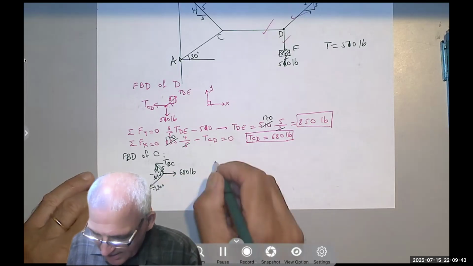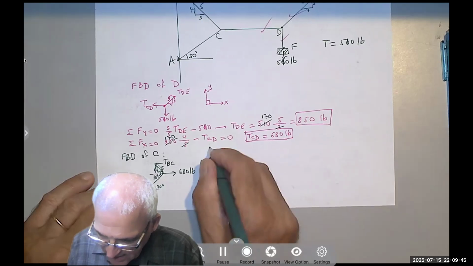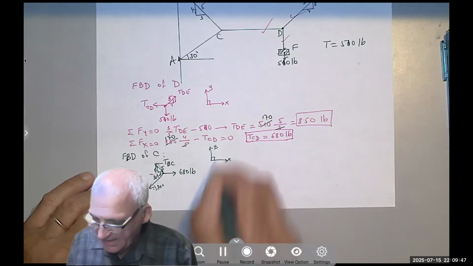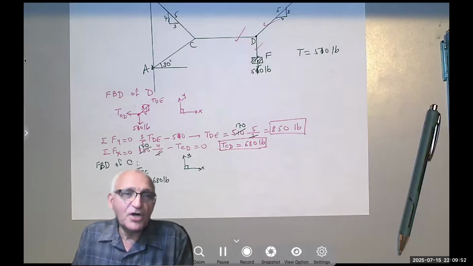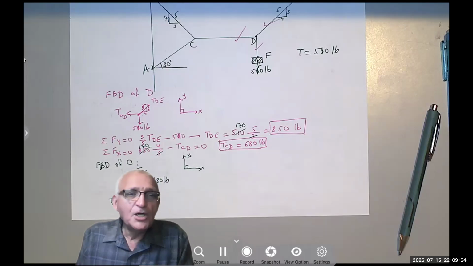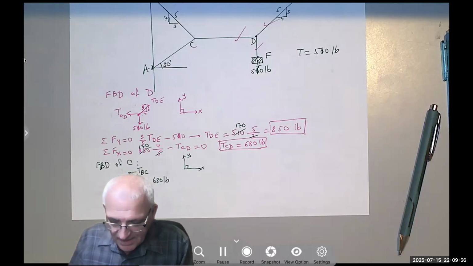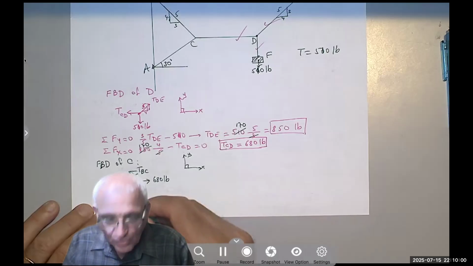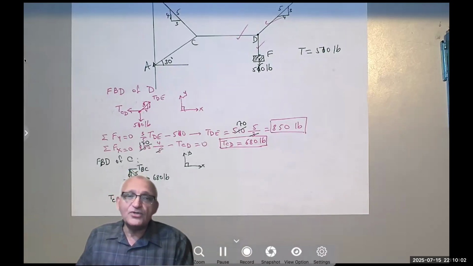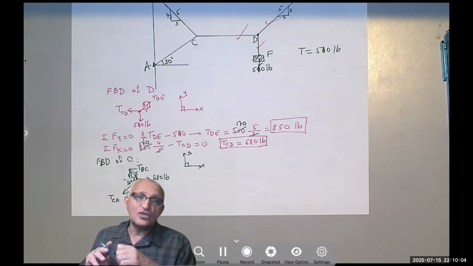Alternate and internal. Again, here is my X, here is my Y, and I write two equations of equilibrium. Here, I have a problem. Because both of these unknown forces have X and Y components, unfortunately, I have to solve two equations in two unknowns simultaneously.